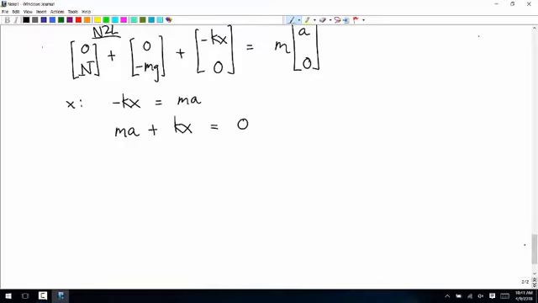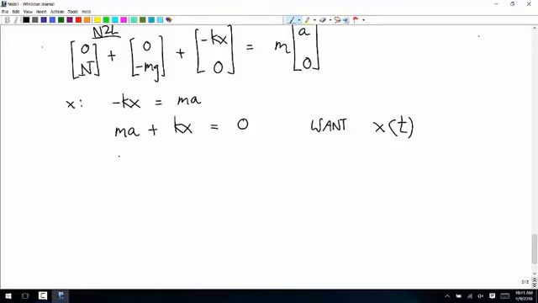And what we really want is to come up with a function, x as a function of time. So the acceleration is the second time derivative of the position.